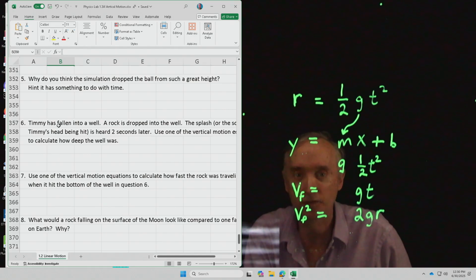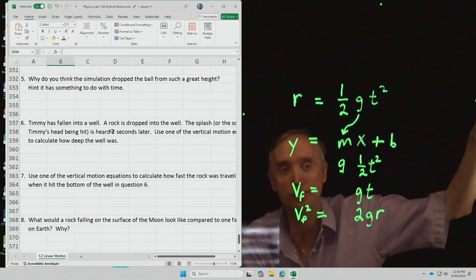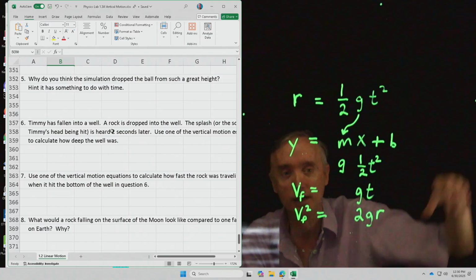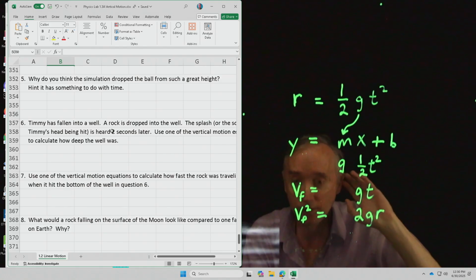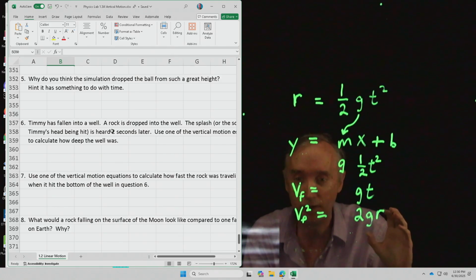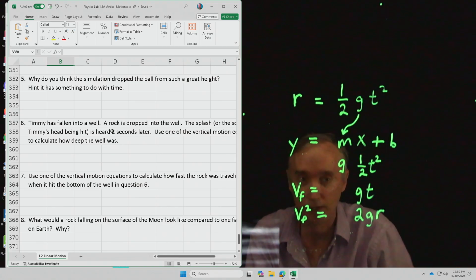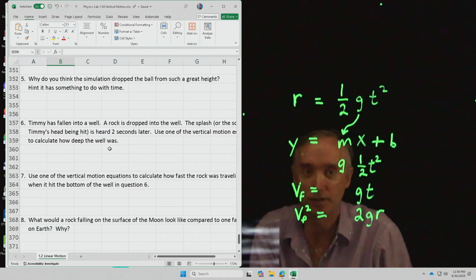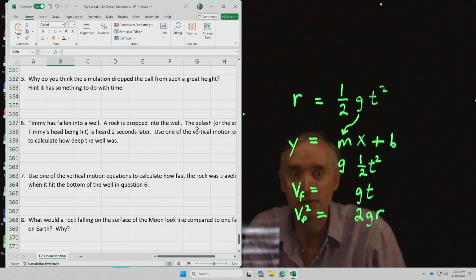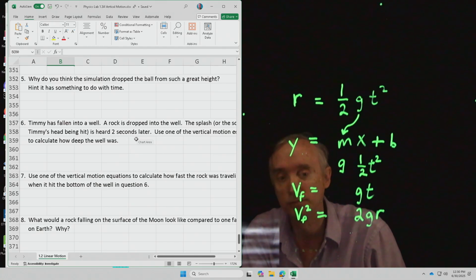So Timmy has fallen into a well. You then take a rock and drop it into the well, and you hear either a splash or Timmy yelling because the rock hit him on the head. But let's just say it missed him, and you hear the splash of the water 2 seconds later.